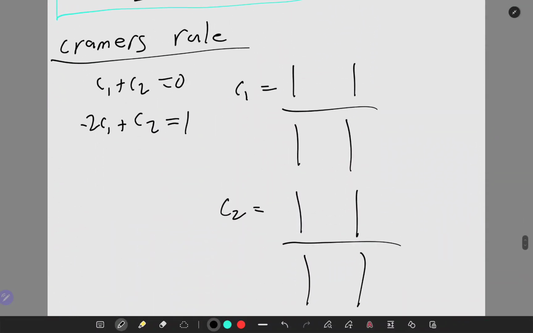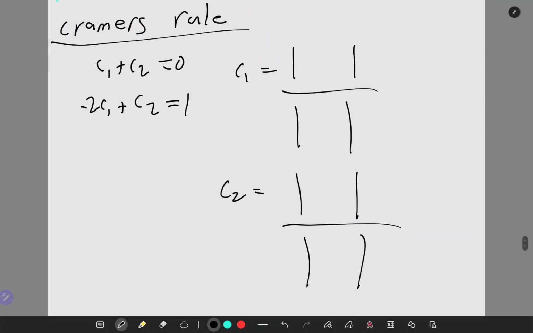But it'll save you so much time later on. So I would recommend trying it. Do it first. See if you remember the way it goes. So the denominators are both the same for both. So this is 1, 1, negative 2, 1, right? We just look at this part here. The coefficients.